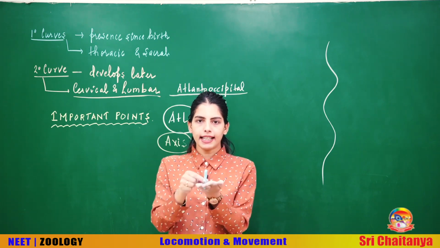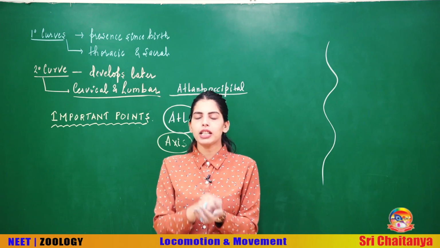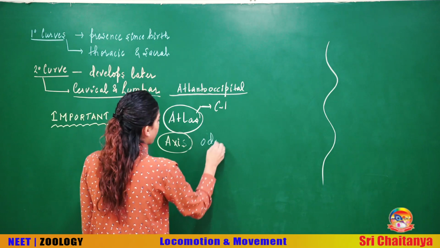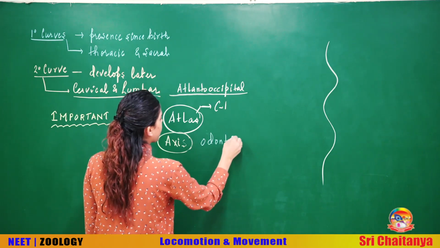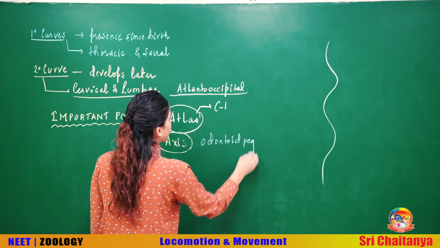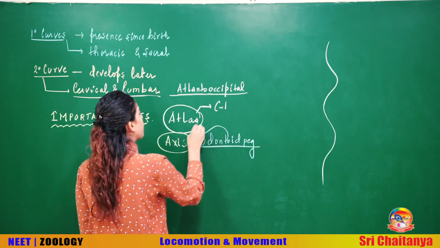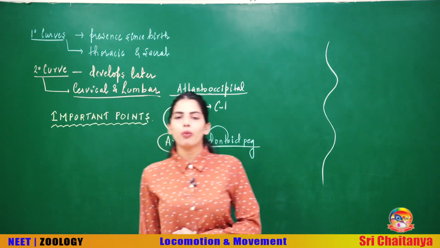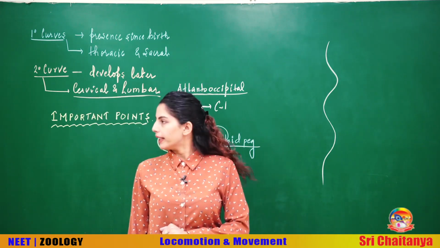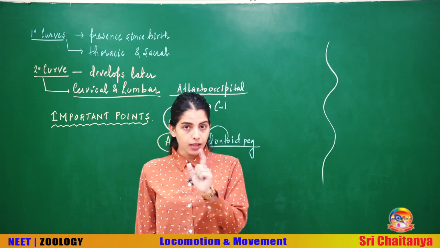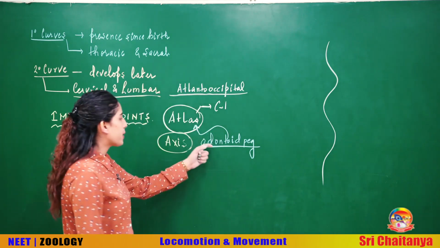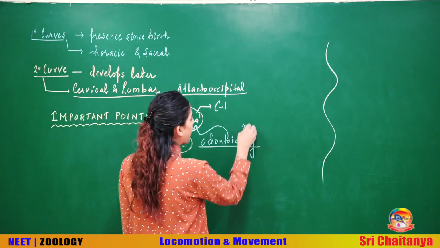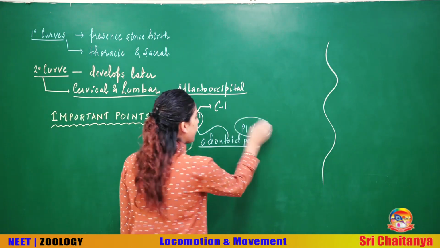This process of the axis is called the odontoid peg, and the odontoid peg is responsible for formation of the joint with the atlas, with the help of which you are going to do this no movement. This movement with the help of the odontoid peg is a type of pivot joint, which we will be discussing later.